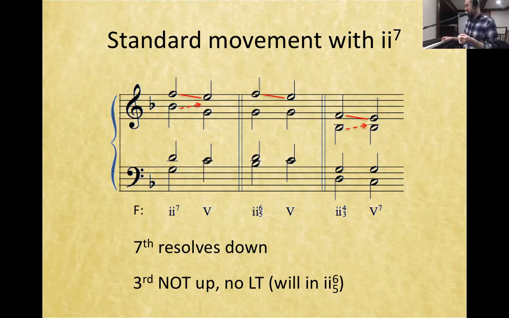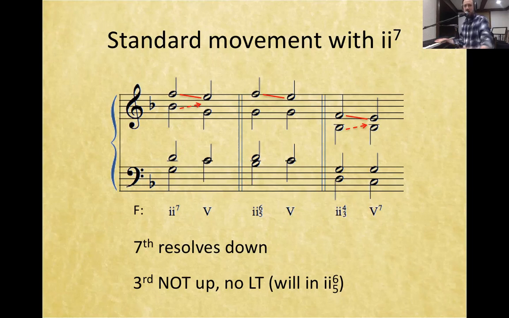If we're in the key of F, in many ways the 4th scale degree feels like it almost wants to resolve downwards. And so if we're singing this note, it sounds good to go downwards to the 5th of 5.